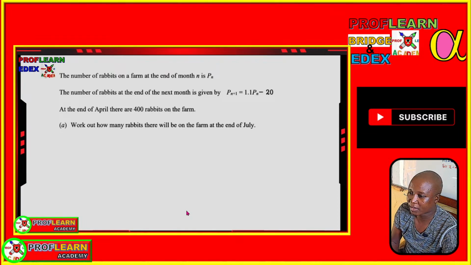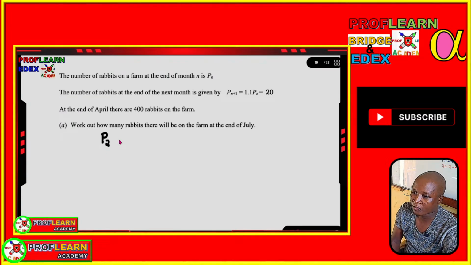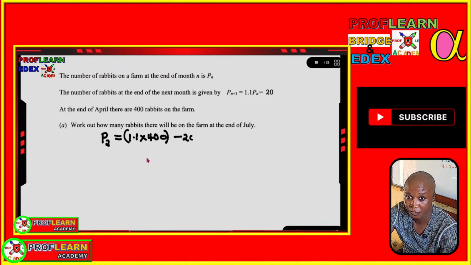So we are going to use that iteration formula and work it out for the end of April, May and June, so end of July. This is going to be 1.1 times 400, because Pn in that case was 400, and then minus 20.